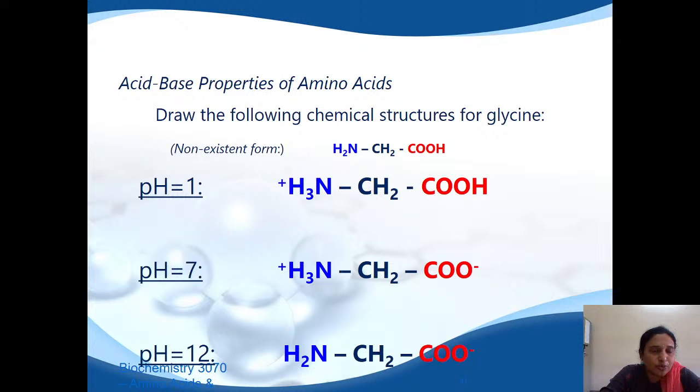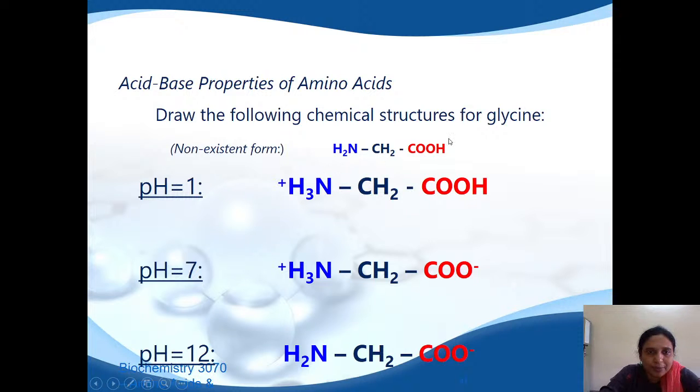The carboxyl group, being a carboxylic acid, is ready to donate its hydrogen, so it behaves as an acid, forming a negative charge. The amino group, like ammonia, being a base, is ready to accept a proton and behaves as a base, forming a positive charge.